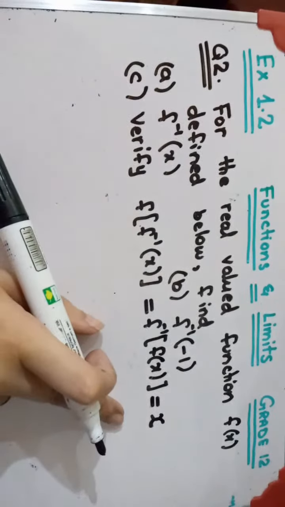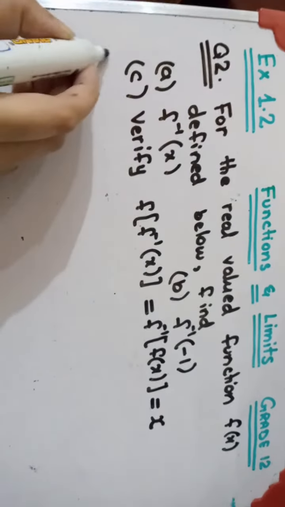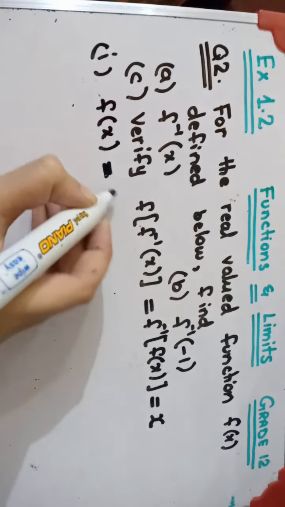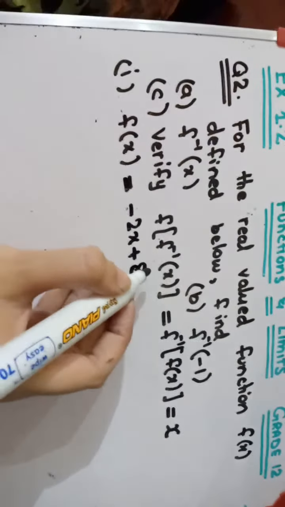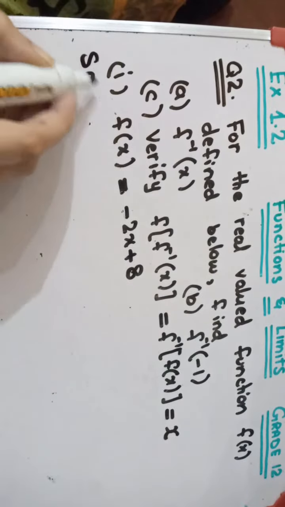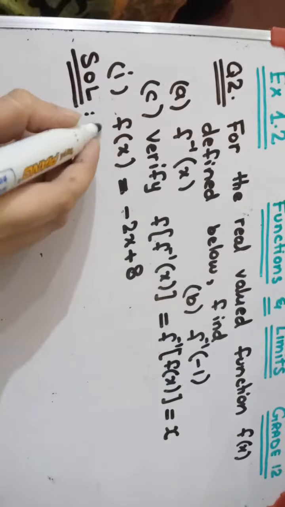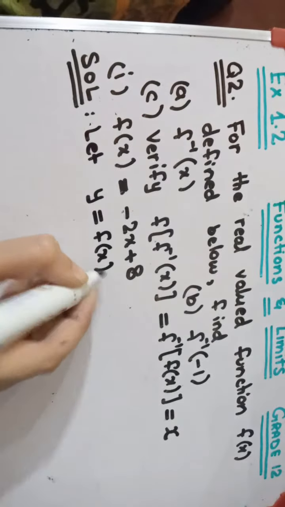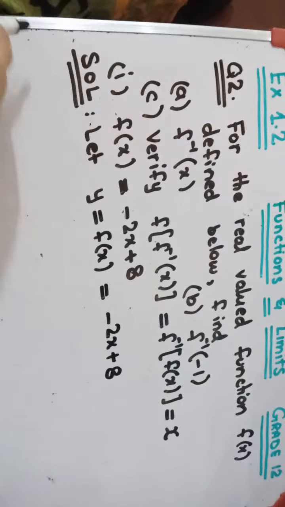You have to find f inverse of x, f inverse of minus 1, and also you have to prove this. First of all, we will find f inverse of x, where we have question f of x is equals to minus 2x plus 8. As you know that f of x is minus 2x plus 8, let me consider y is equals to f of x, where f of x is equals to minus 2x plus 8.